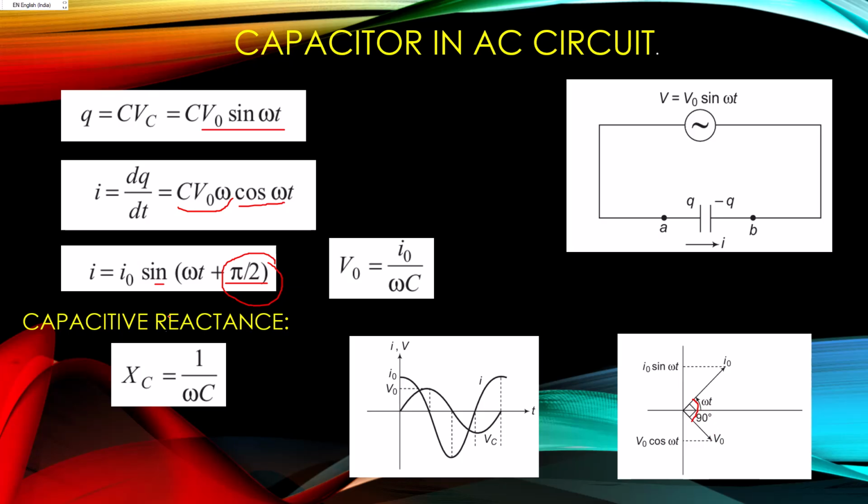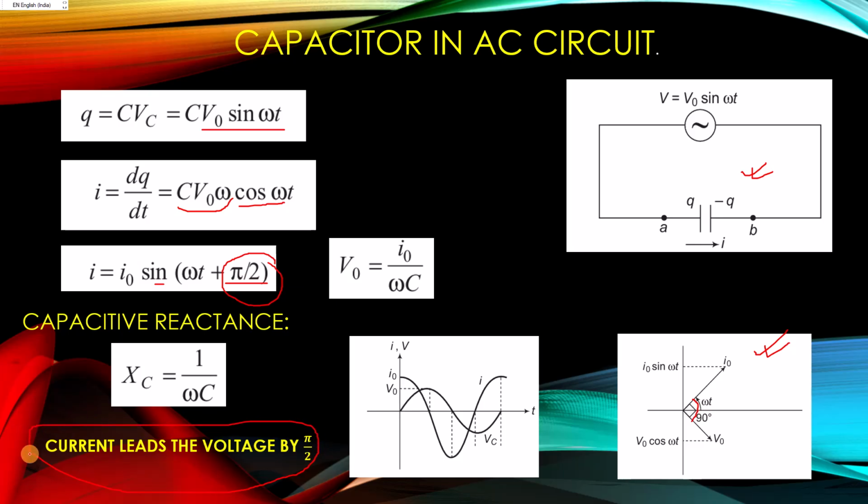So forget all of these things, just see this circuit and this phasor diagram. We can clearly analyze this circuit with the help of the phasor diagram. This is very important in alternating circuit analysis. That's why we use phasors. So for current passing through the capacitor, current leads the voltage by pi by 2. This is also clear from the phasor diagram.